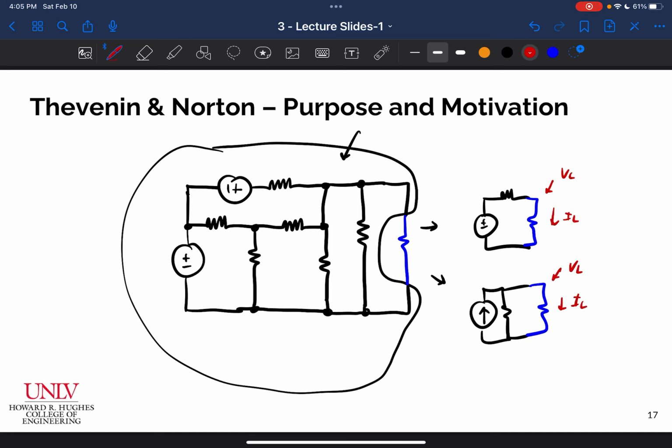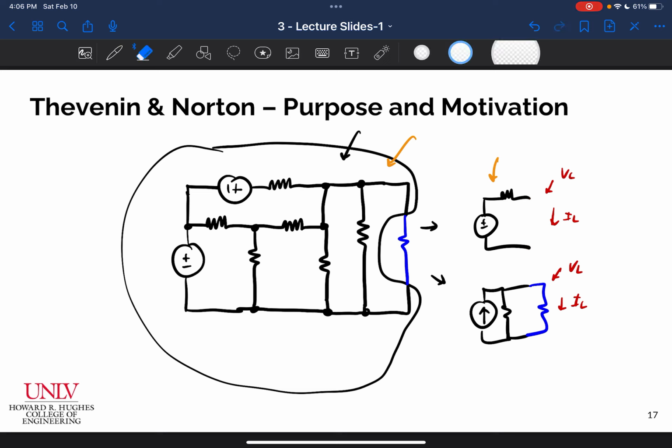And that is really powerful, because that means I can take out my blue load resistor. Let's say that was a 10K resistor, and I'm interested in looking at a 20K resistor. Now, instead of having to solve this entire circuit again, all I have to do is take a simple voltage divider to determine what the load voltage and current are going to be.